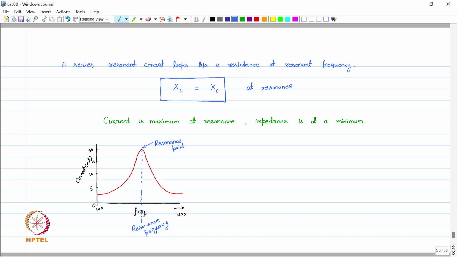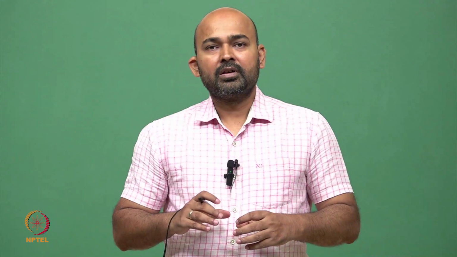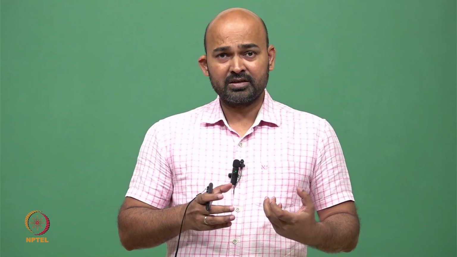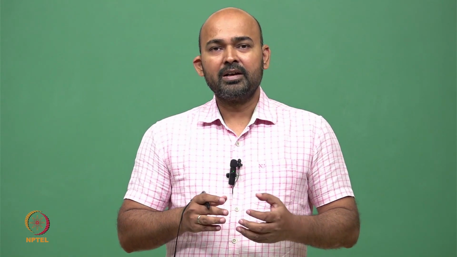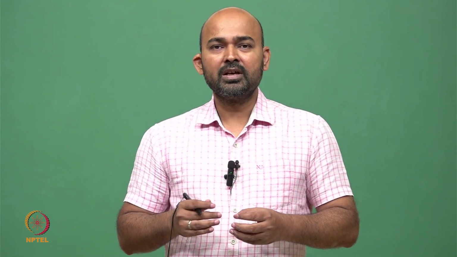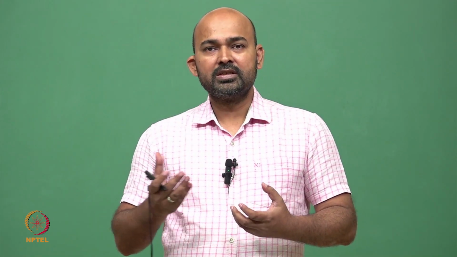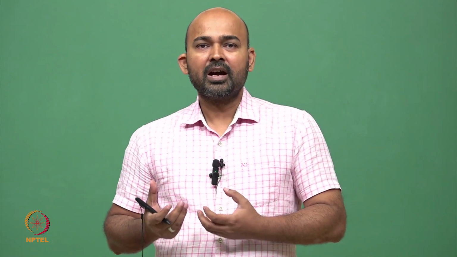Below this resonant frequency, the effect of series resonant circuit is dominated by the capacitor, because the impedance of capacitor dominates at low frequency, and above this resonant frequency the effect of inductor dominates, because XL, or the j omega L, the effect of this inductor dominates at high frequency.